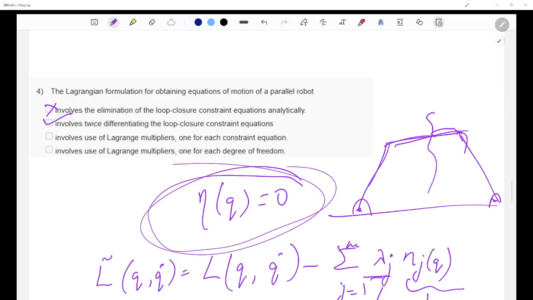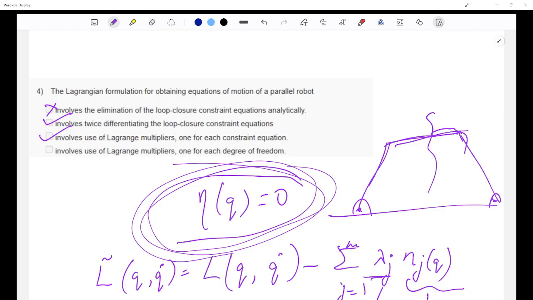The third option is that it involves the use of Lagrange's multipliers, one for each constraint equation. For the number of constraint equations that you have, you'll have that number of multipliers. These multipliers represent constraint forces, so there is one multiplier per constraint. So this is also correct. The fourth option involves the use of Lagrange's multipliers, one for each degree of freedom.